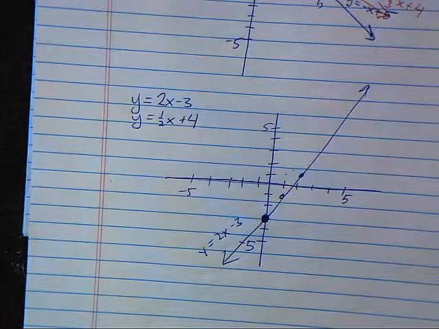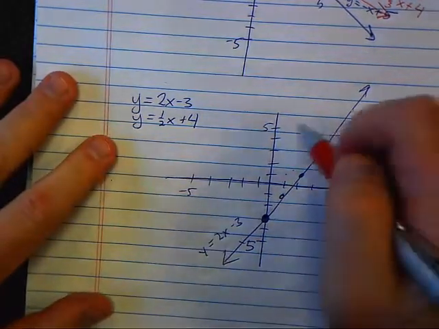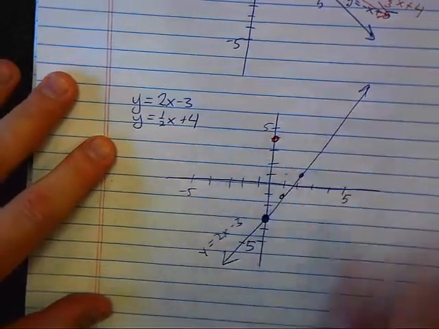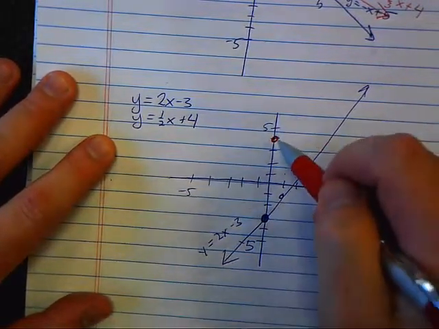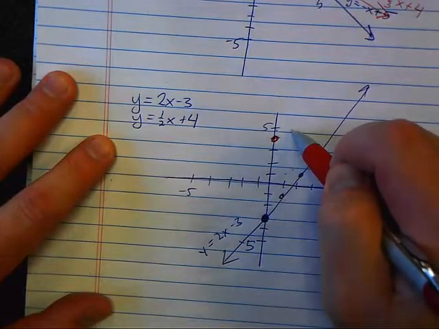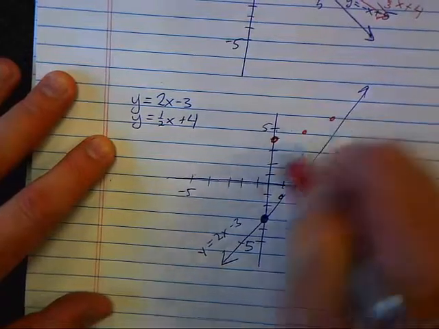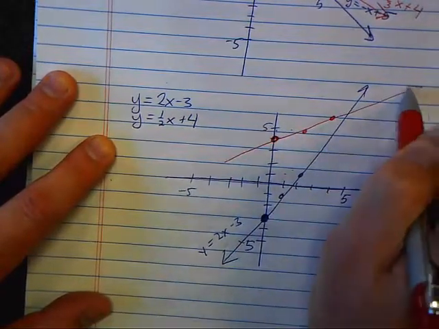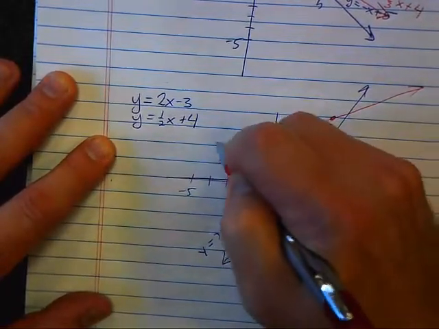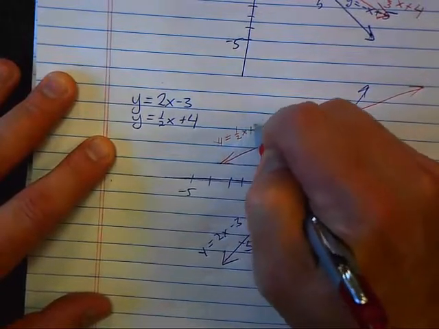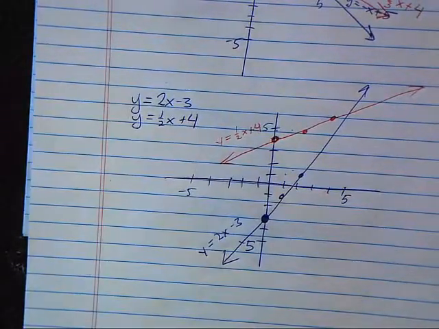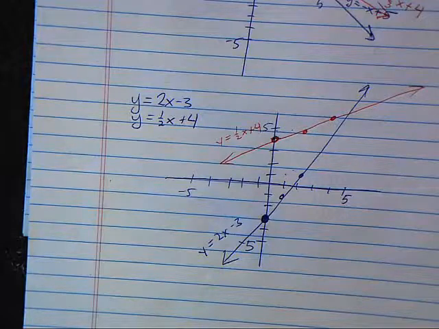Second line, y equals 1/2 x plus 4. The y-intercept is 0, 4. And then we should go up 1 over 2. Up 1 over 2. Well, they definitely cross. We can see an answer. What is that answer?